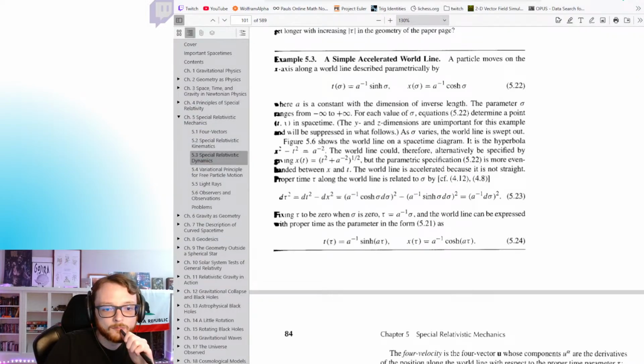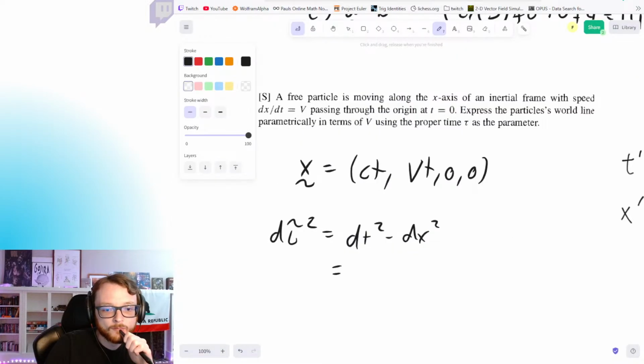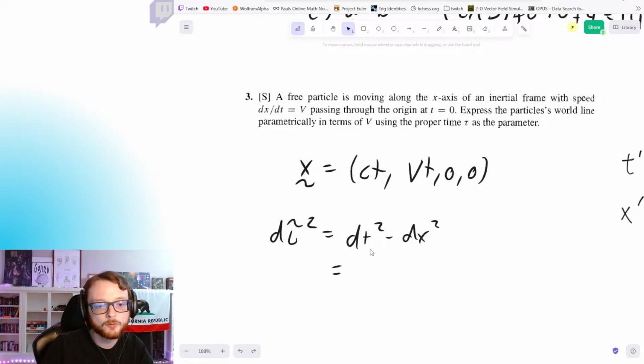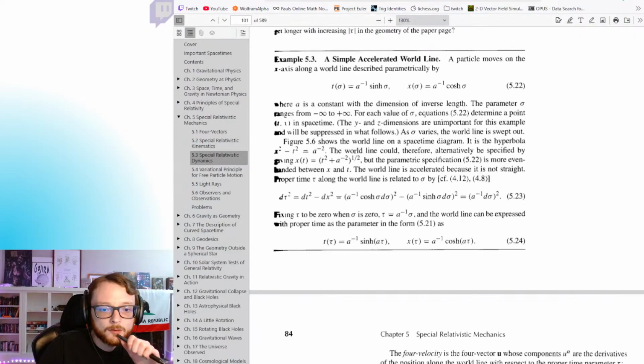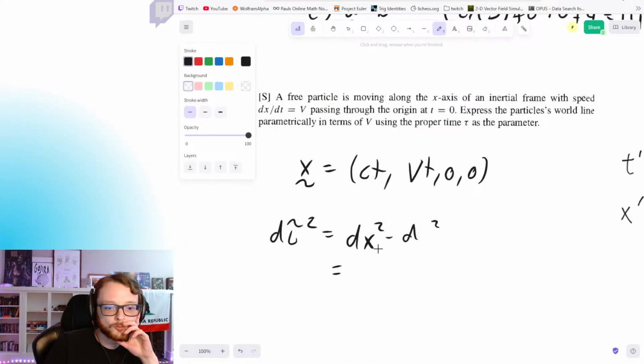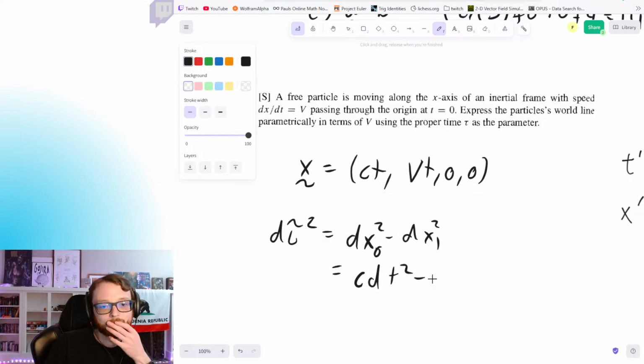Nope, I'm doing this wrong. I'm trying to follow the book example for doing this parameterization thing. Wait.